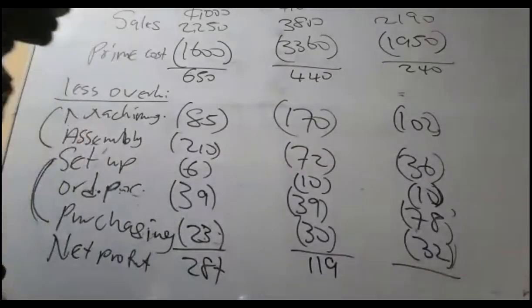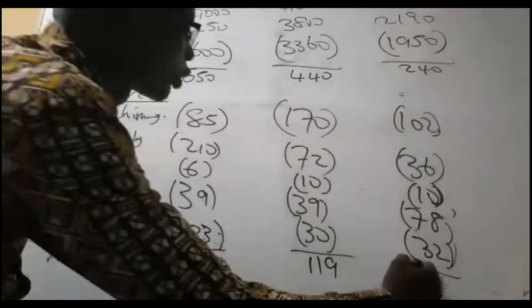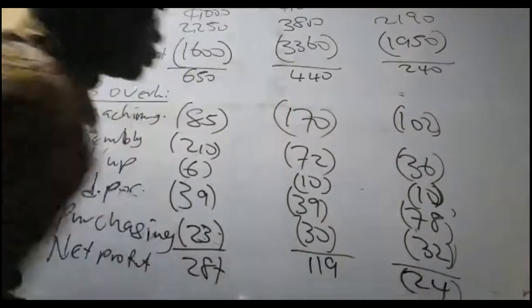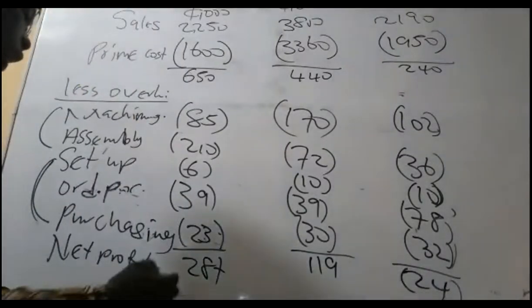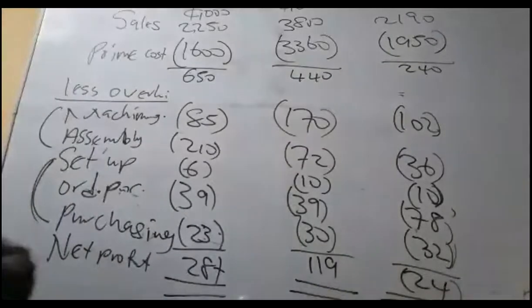The last one, I'm getting 17, 18, 24. 24 is for the last one. Okay, 24 is repeating, so let me take it 24, negative. So that is the profit statement if I use ABC.